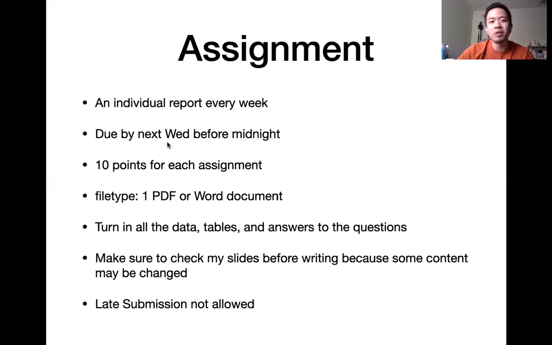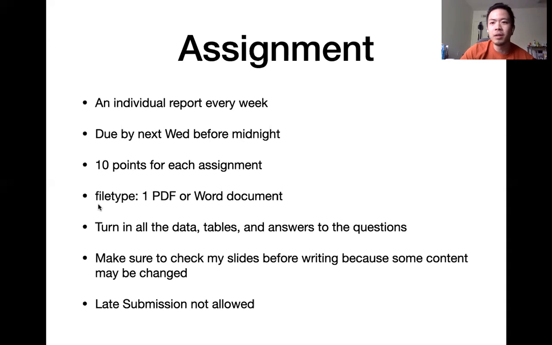My office hour is Wednesday morning, so you can still reach out to me before submitting. Each assignment counts for 10 points, and we have 12 assignments, so it's 120 in total. Hopefully I did my math correctly. It'll make up about 25% of the whole course, I believe.